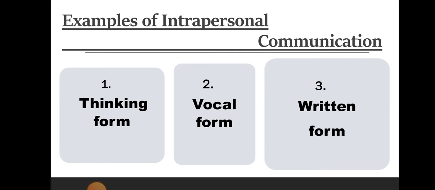They are involved in a conversation with themselves. They are not talking with anyone. They are on their own, commenting loudly on some situation, or you can say they are thinking and speaking on some kind of idea without involving a second person. This one is called the vocal form.